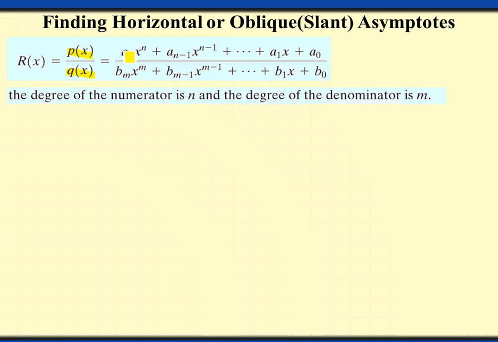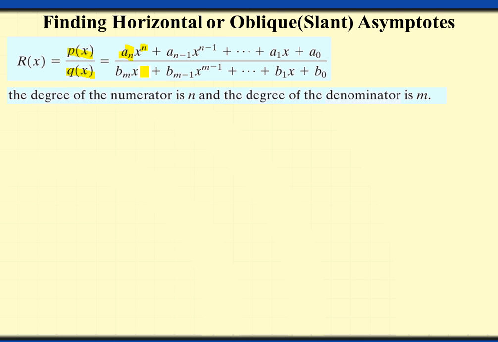A polynomial is constants times x to powers. We're assuming the largest power of the numerator is n, so the degree of the numerator is n. This represents the coefficient of x to the nth power, the leading coefficient of the numerator.